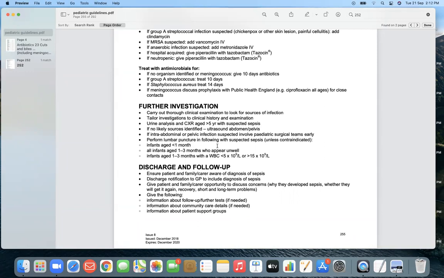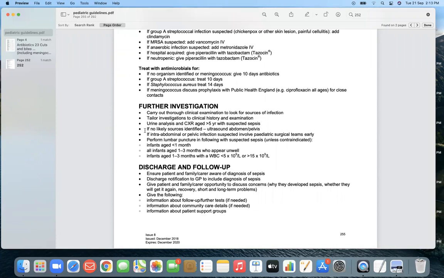Perform lumbar puncture in the following with suspected sepsis unless contraindicated. So what is the indication for lumbar puncture? Age less than 1 month. All infants aged 1 to 3 months who appear unwell. Infants aged 1 to 3 months with WBC count less than 5 or more than 15.